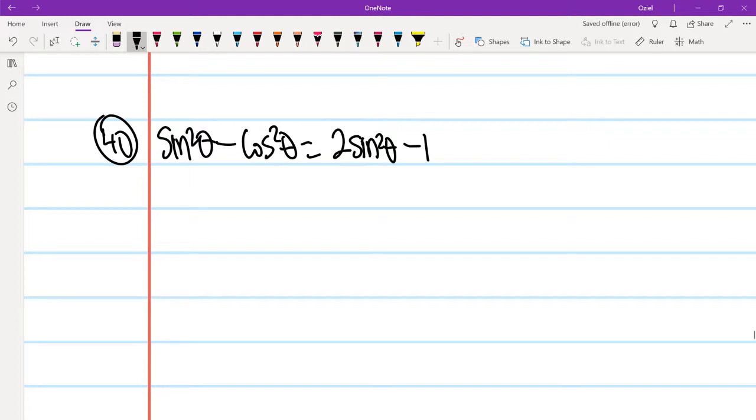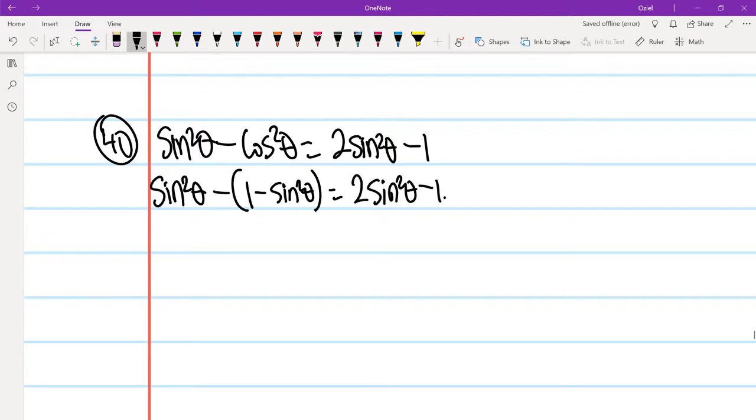So the way you would do it is you would try to get the terms into sine of theta. So you would basically say sine squared of theta minus parentheses 1 minus sine squared of theta equals 2 sine squared of theta minus 1.